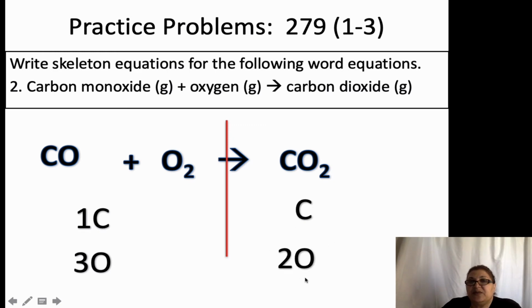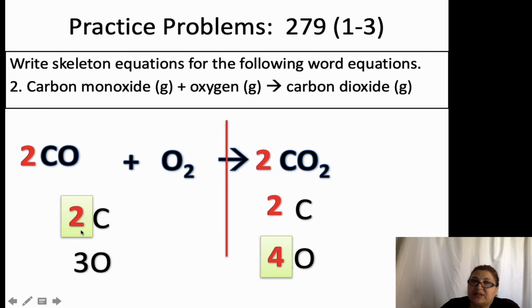So let's see, how do we balance the oxygens? If we multiply this one by 2, that gives us 2 carbons and 4 oxygens. Now when you multiply the carbons by 2, that gives us 2 carbons, but then 2 plus 2 is 4, so now it's balanced.